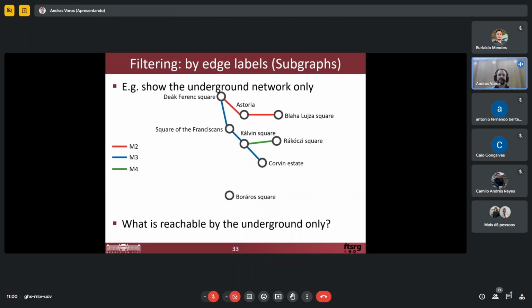And also another important thing is that these stations are in some areas in the system. So we can have some kind of allocation, some kind of containment.